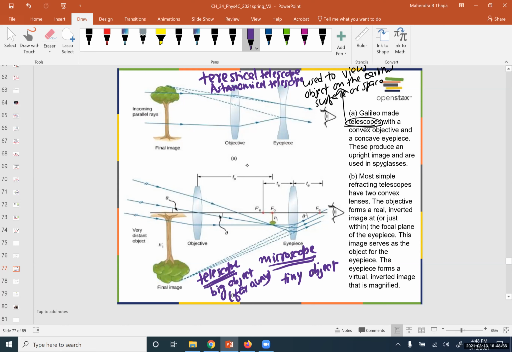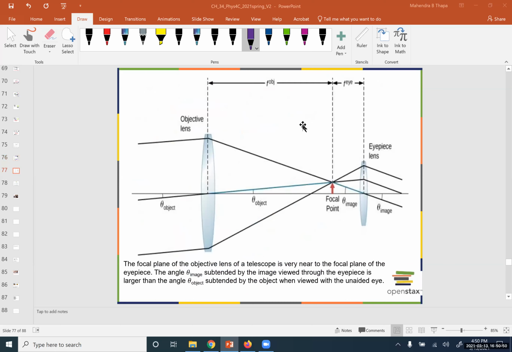Okay, so we'll talk about this taking one example. Okay, so in this case, the final image is at infinity.